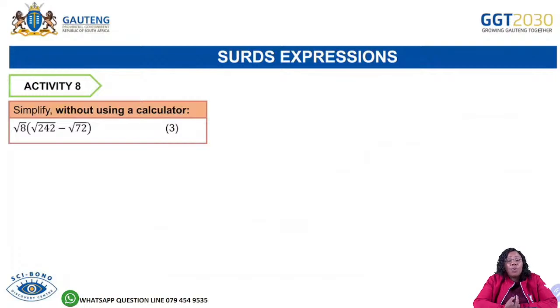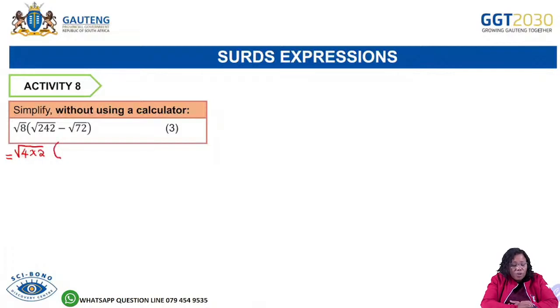But you need to simplify this without using a calculator. How are we going to go about this one? You need to identify two numbers that when you multiply, they give you 8, but one of those numbers must have a square root. That means this square root of 8 we will write as square root of 4 times 2. Why? This 4 is having a square root.